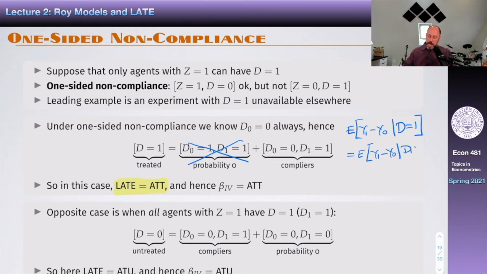And if you do the same for the opposite case, and you just focus on the people that are untreated, you can show that the LATE here is just going to be equal to the average treatment on the untreated, depending on the setting that you are in.